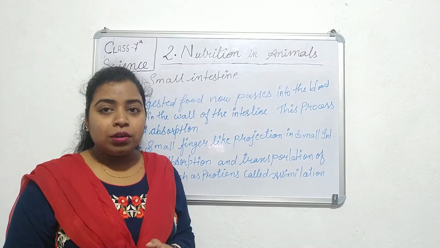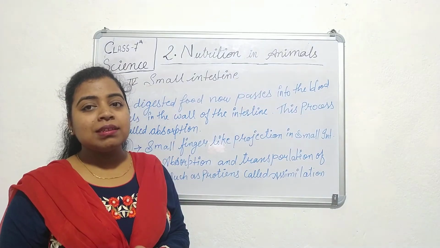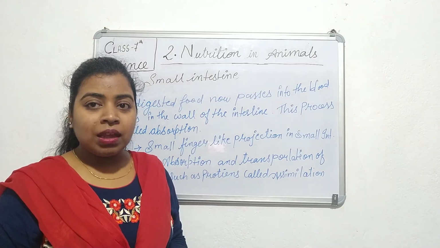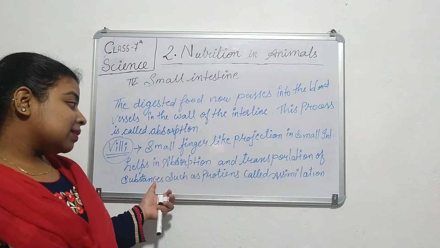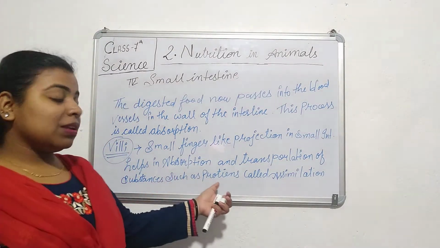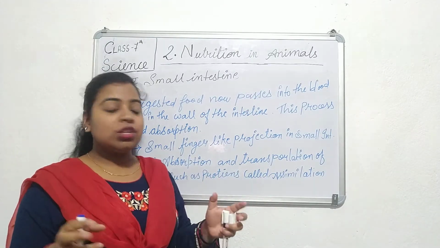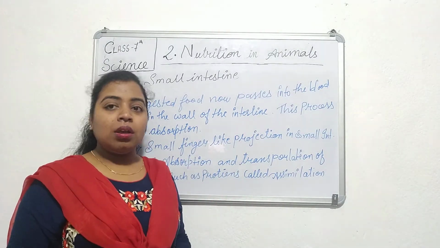Villi absorb the nutrients from the blood vessels and transport them to the various parts of the body, and that complete process of absorption and transportation is called assimilation.